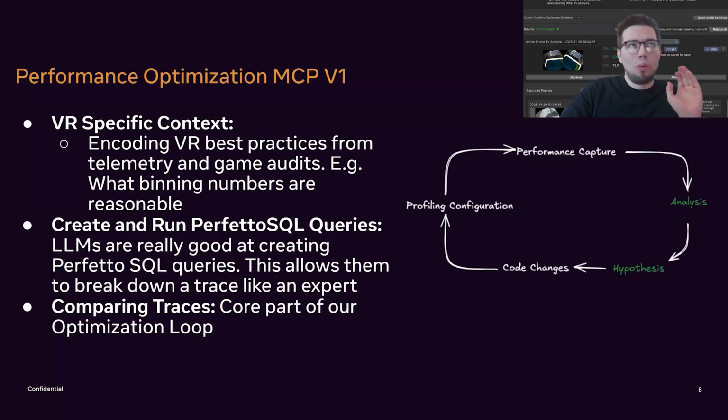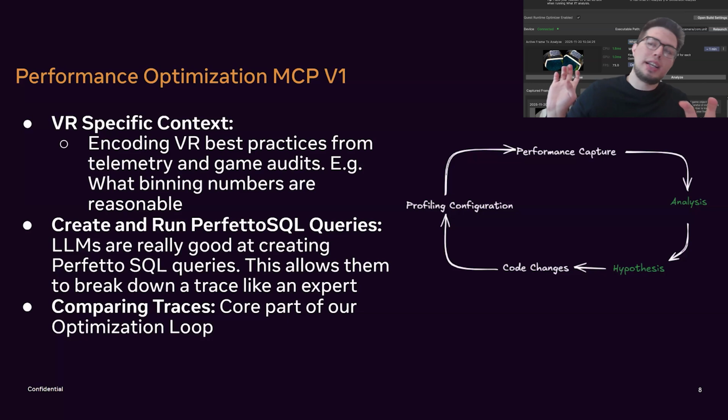So great. What we're doing with our V1 of our performance optimization MCP is we're adding a lot of VR-specific context, similar to what we have in Runtime Optimizer, right? And we're encoding some of the VR best practices. We discovered that LLMs are fantastic at creating SQL queries too.